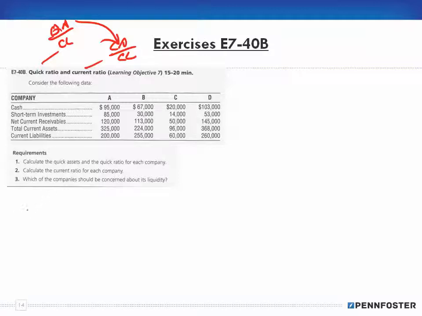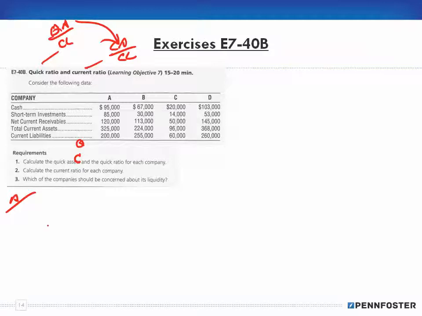So pause the video wherever you need to. We're going to look at company A first. Q is quick, and C is current. I'll put those amounts underneath, because we have to compare them to see which one we're going to be concerned with regarding liquidity.